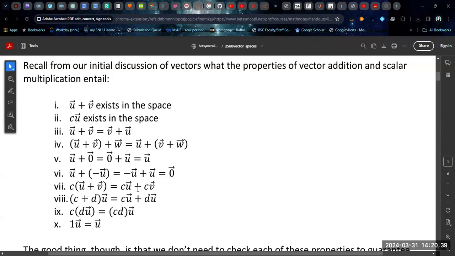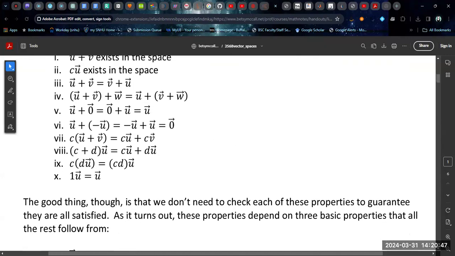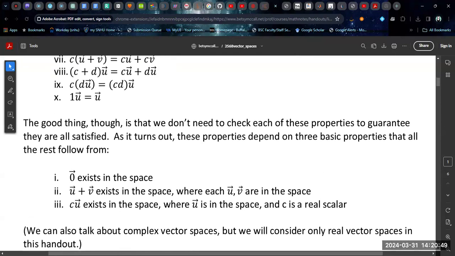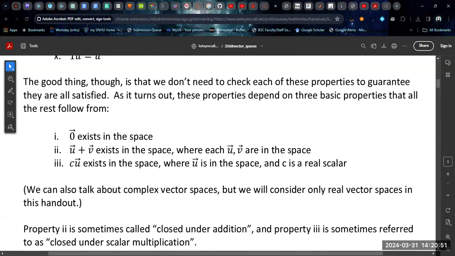So if you want to establish that something is a vector space broadly, then you need to prove all 10 of these properties. However, when we only want to test whether we know that something is a subset of a vector space, then is the subset itself acting internally as a vector space? Some of these other properties we actually get for free. What we have to test are just 3 properties.